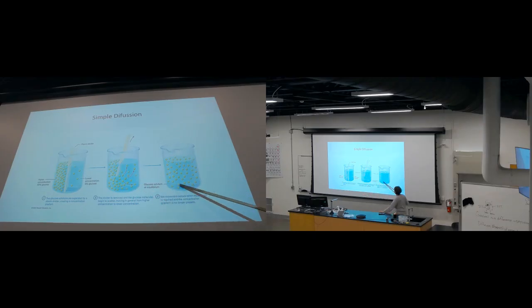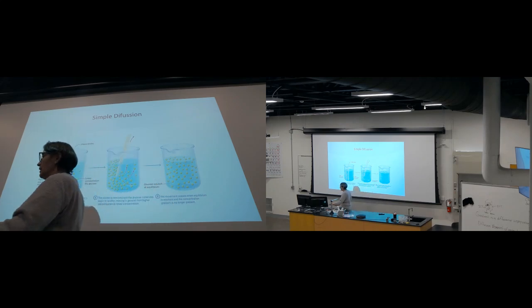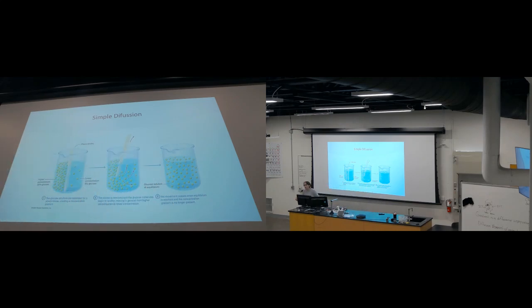So everything will become 55. So no net movement of molecules between compartments. But this is solutes. In the case of water, what I explained to you there will be happening. While one compartment increases volume, the other one decreases the volume.